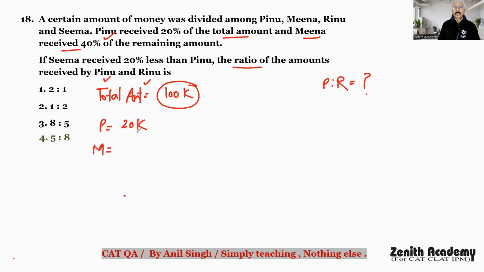So remaining is 80K and 40% of 80 is 32K. If Seema received 20% less than Pinu, 20% less than Pinu means 80% of this. So 80% of 20K is 16K.